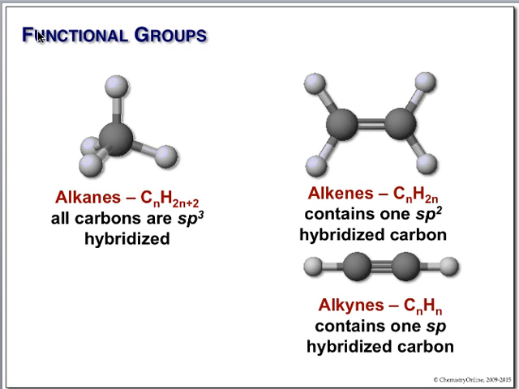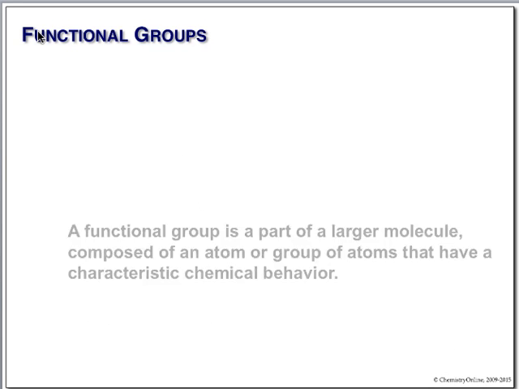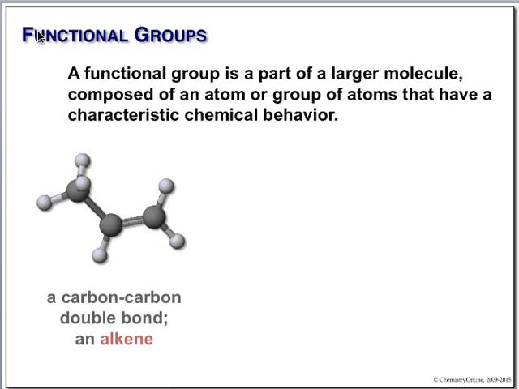In an alkene, our general formula is going to be CnH2n, so we're missing 2 hydrogens for every double bond. It will contain at least 1 sp2 set of carbons in a carbon-carbon double bond. Alkynes, CnH2n-2, and again, we can have other things attached, but it will contain 1 sp hybridized group.